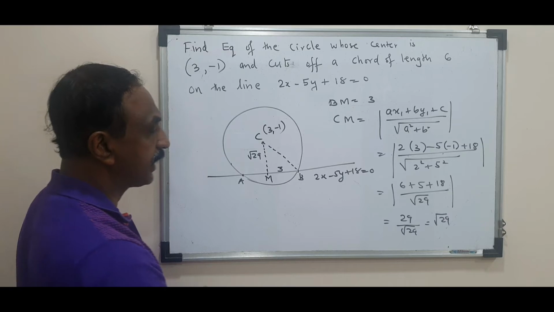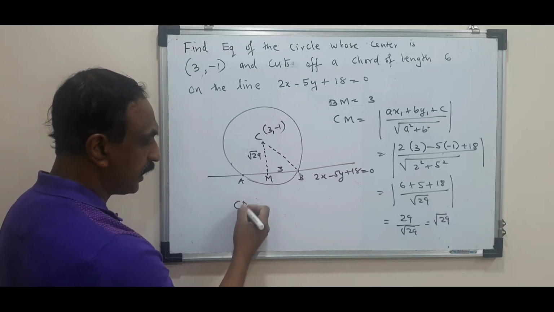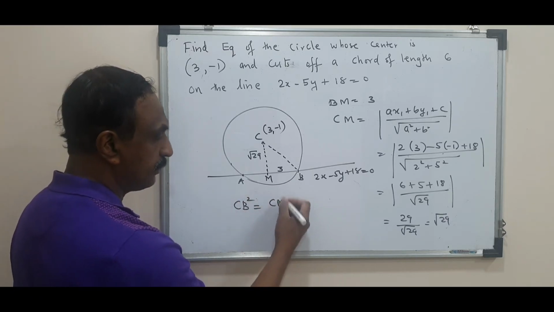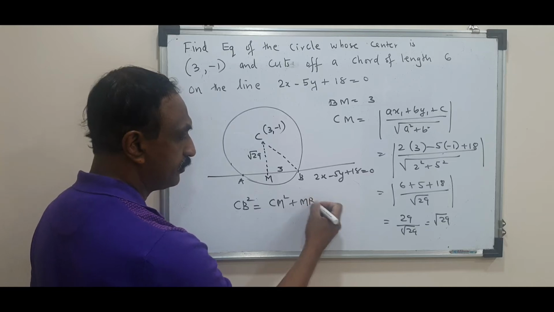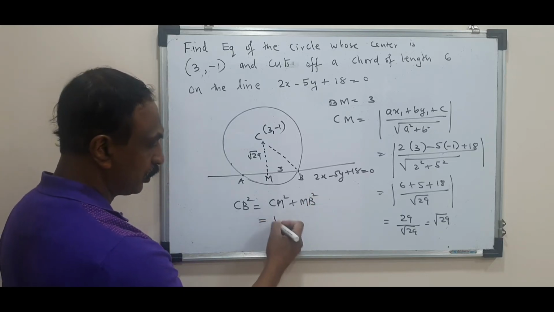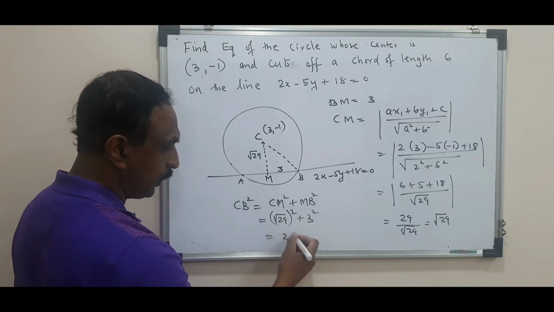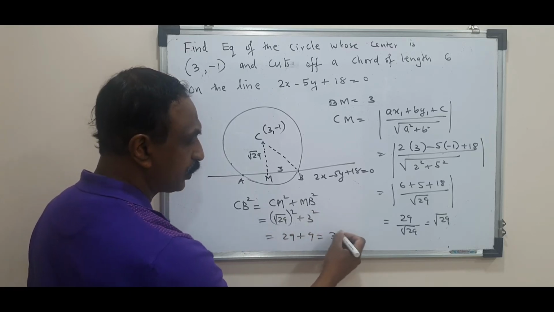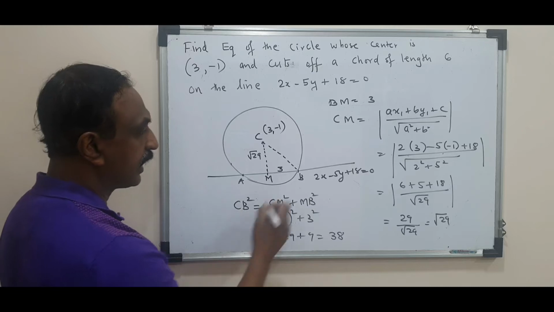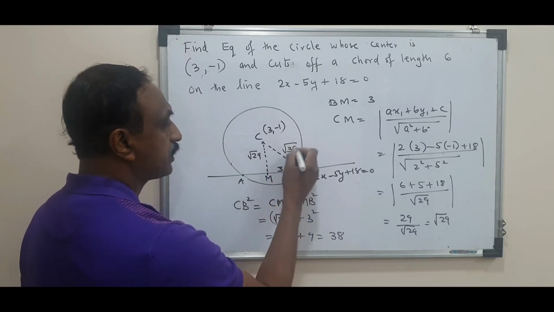Now I can calculate the radius CB by Pythagoras theorem. CB square is CM square plus BM square. That gives root 29 square plus 3 square, that is 29 plus 9, which gives 38. So the radius is root 38.